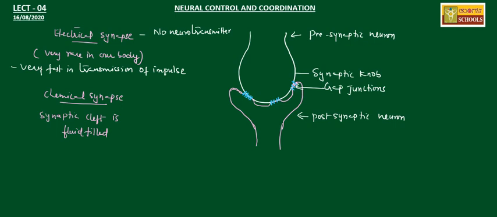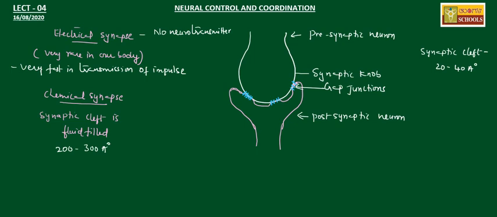In the electrical synapse, the gap is only around 20 to 40 angstroms, whereas in the chemical synapse it is around 200 to 300 angstroms.